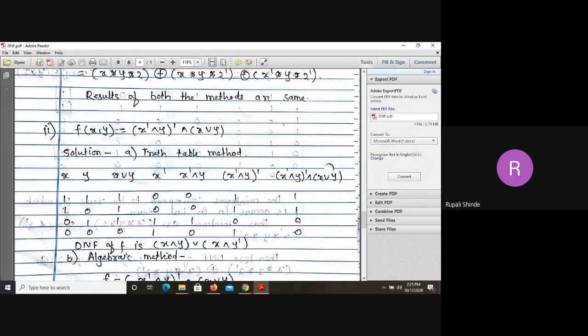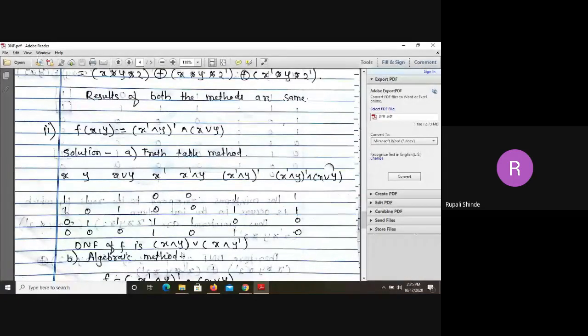Now check here, wherever we have written 1, we have to find the values of x and y. For this one, the value of x is 1 and y is 1, so the minterm is x star y, or x and y.